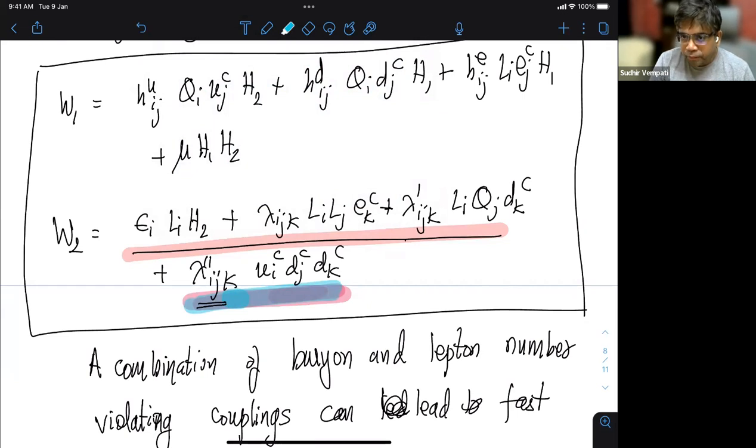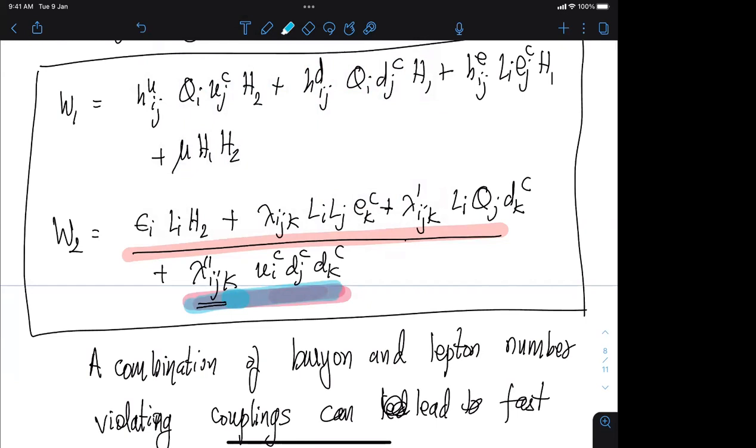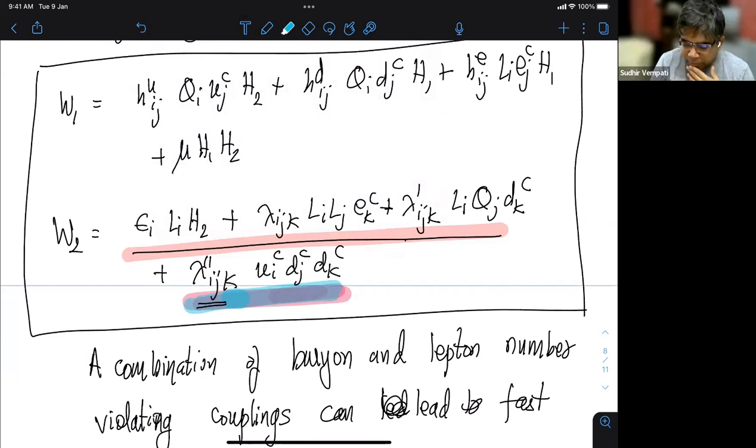Now you can think of variations of R parity conservation in which lepton number is violated, but baryon number is conserved. That means only this term goes to 0, and the other things are there. Those are very popular.